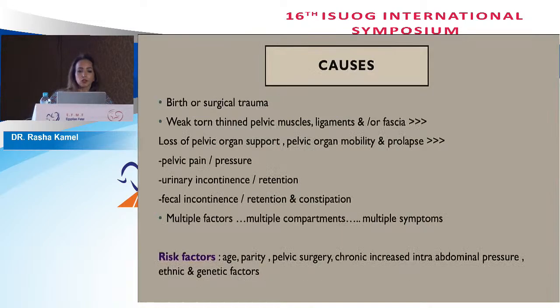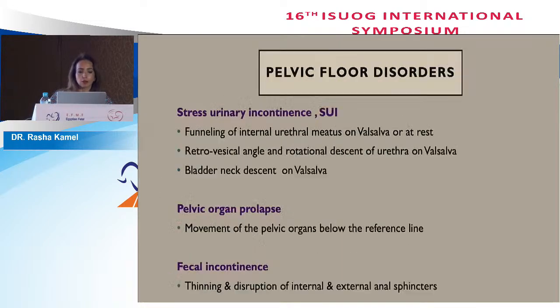The main application for transperineal ultrasound is in pelvic floor disorders. As we know, the term pelvic floor disorders encompasses three main elements: stress urinary incontinence, pelvic organ prolapse, and fecal incontinence.